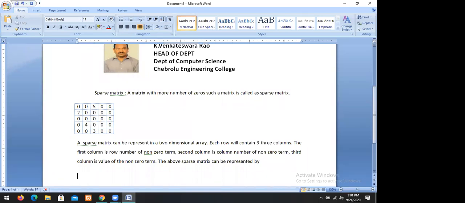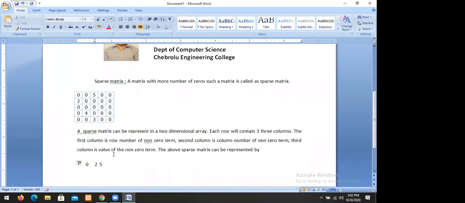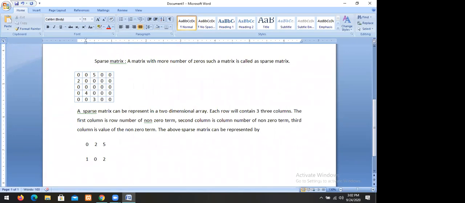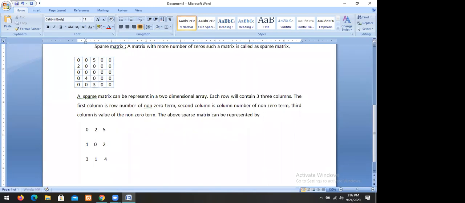Suppose this is my matrix. This matrix is represented by zeroth row, second column, value is 5, and next one is first row, zeroth column, the value is 2, and there is no second row, and third row, first column, value is 4.